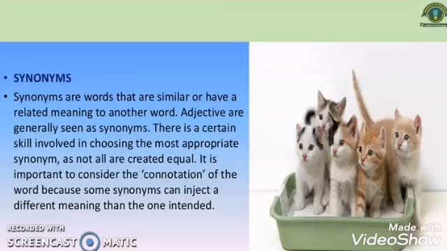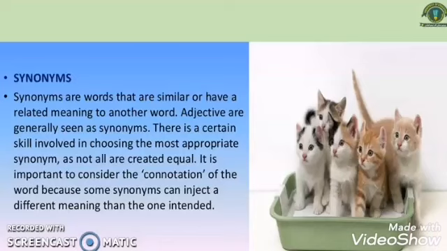Here is a bit more explanation: synonyms are words that are similar or have a related meaning to another word, so words with the same or related meaning. Adjectives are generally seen as synonyms.